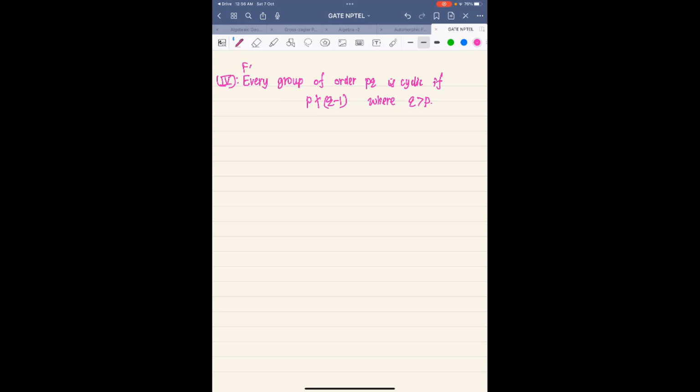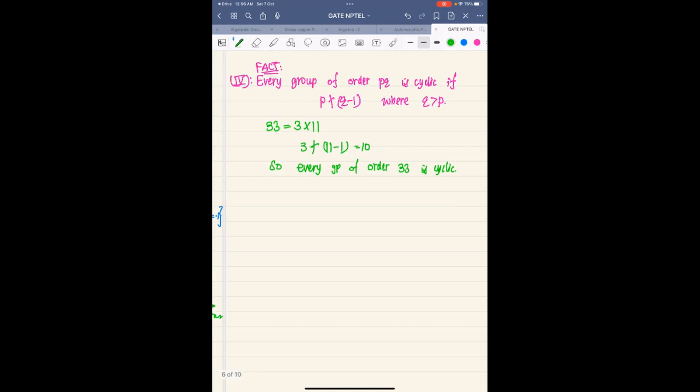This is a fact. You must have seen it. So the result is immediate from here, right? What does it say? That we have a group of order 33 which is written as 3 times 11, and 3 doesn't divide 11 minus 1, which is 10. So every group of order 33 is cyclic. Okay, so the fourth statement is true.